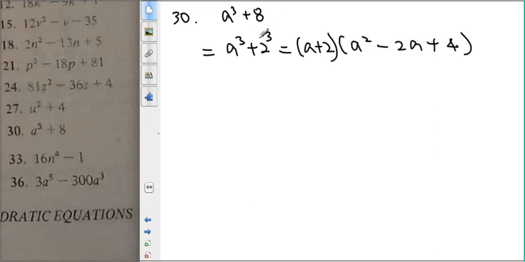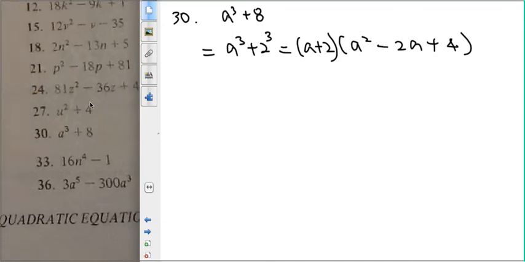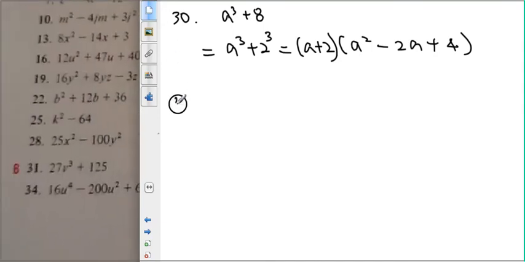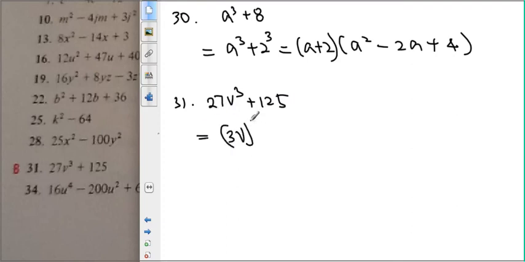Now, let's look at number 31. 27v to the third power plus 125. In fact, this is the same way as before. Here, 27v to the third power is simply 3v entire thing cubed plus 5 cubed.